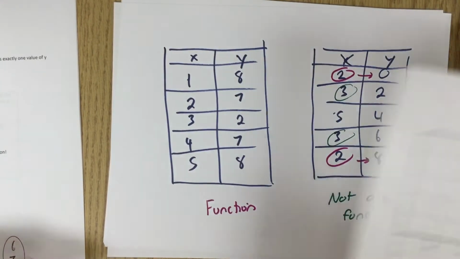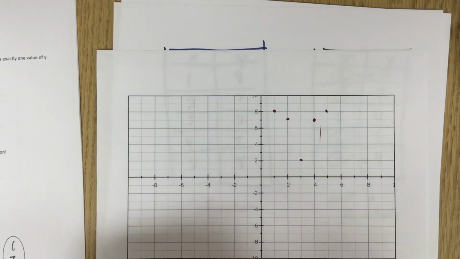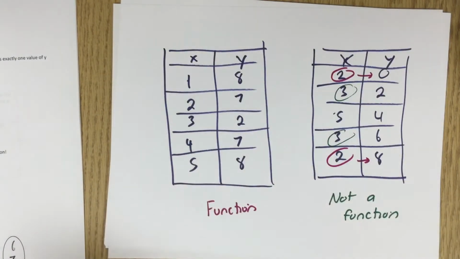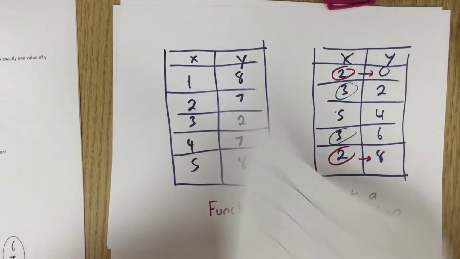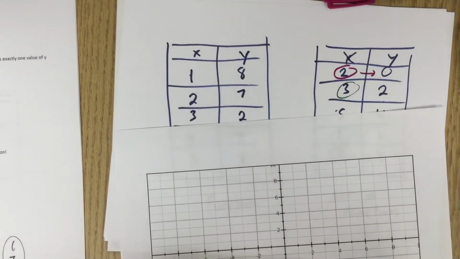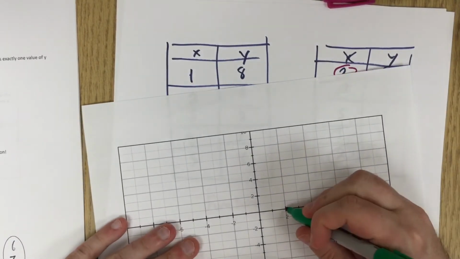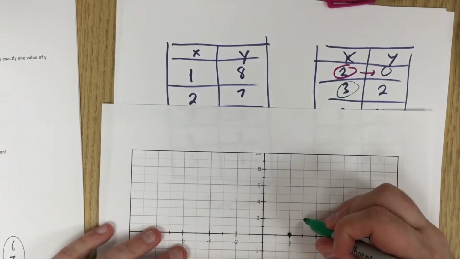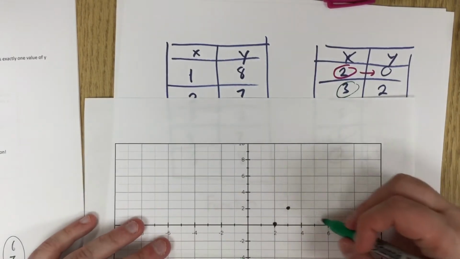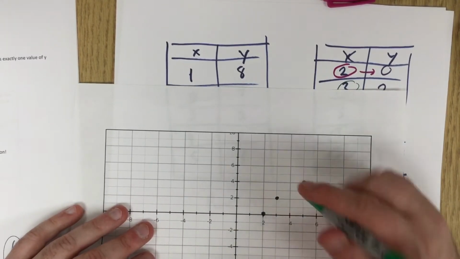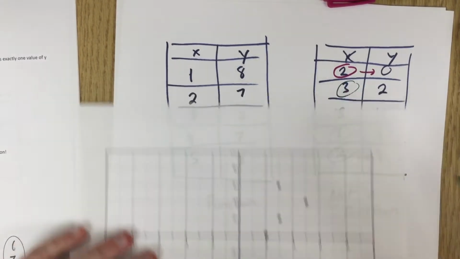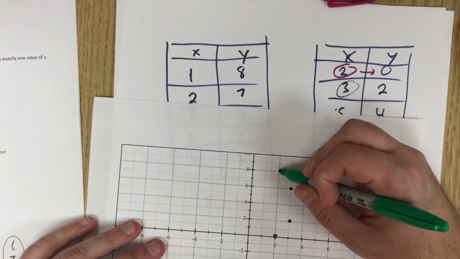Now, conversely, we'll use a different graph. If we do the other graph, we have the points 2 and 0, 3 and 2, 5 and 4, 3 and 6, and 2 and 8.